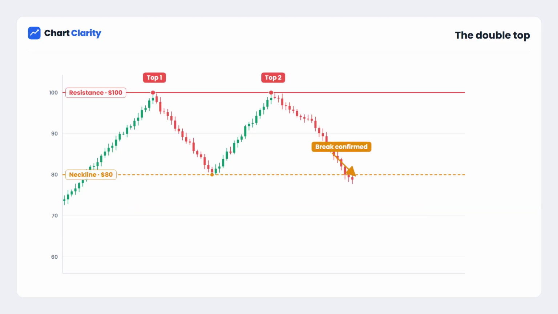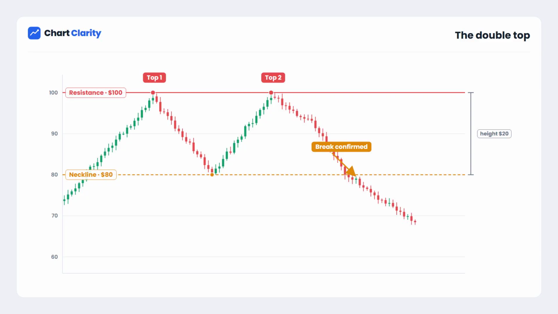And once that neckline breaks, the pattern gives you something beautiful, a target. An estimate of how far price might fall. And the math could not be simpler. You measure the height of the pattern from the top at $100 down to the neckline at $80. That's a height of $20.